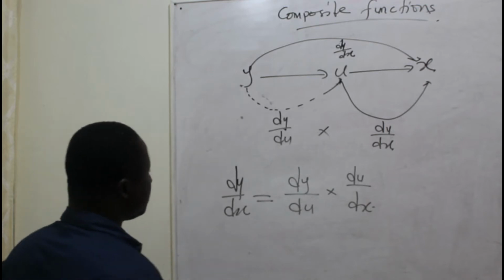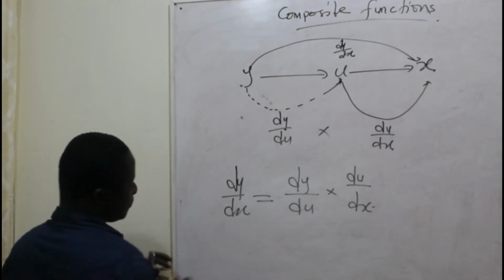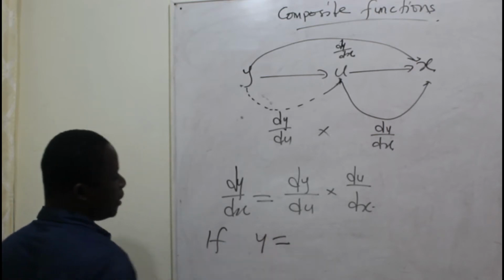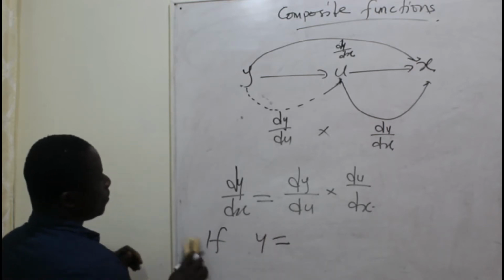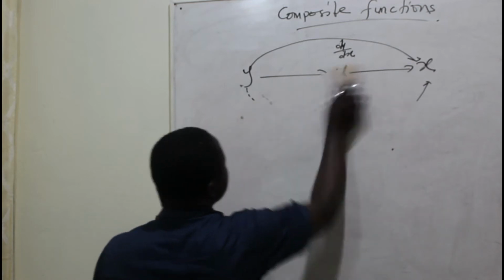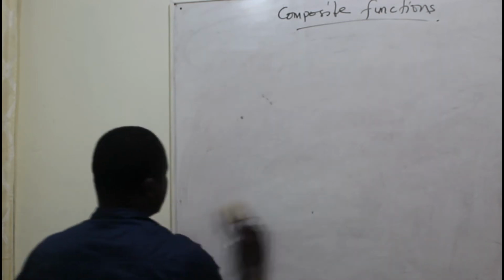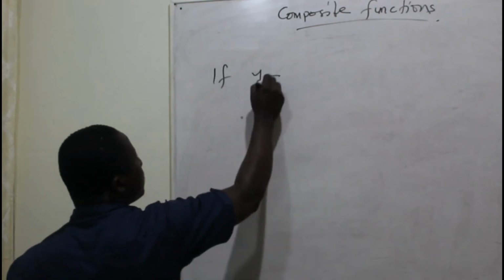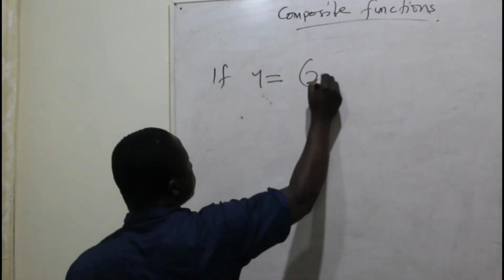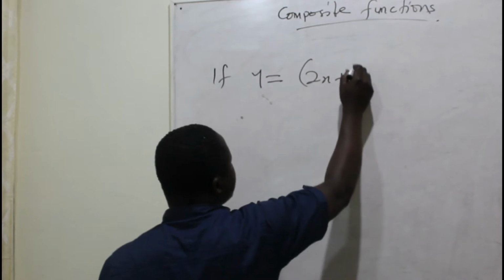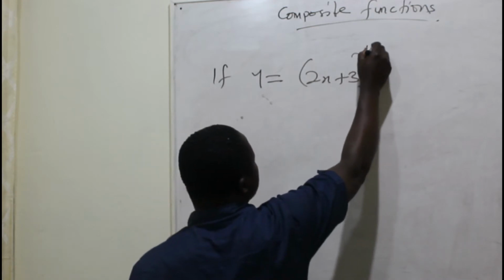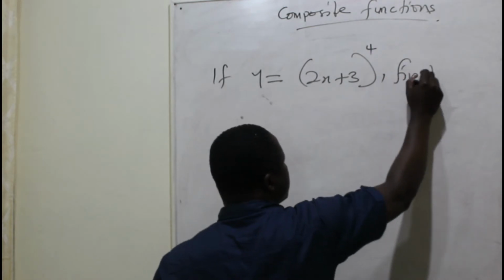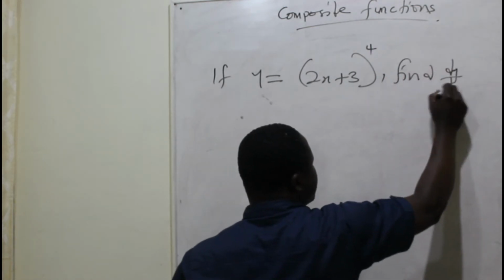Let's take an example. Let's clean the board and have a wider view on the board. If y is equal to (2x + 3)^4, we have to find dy/dx.